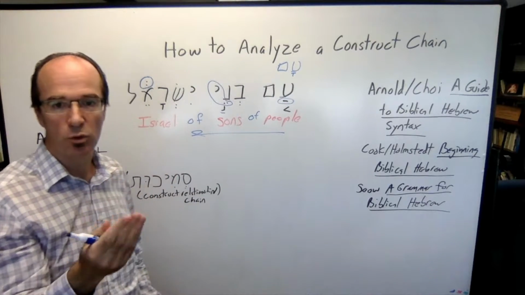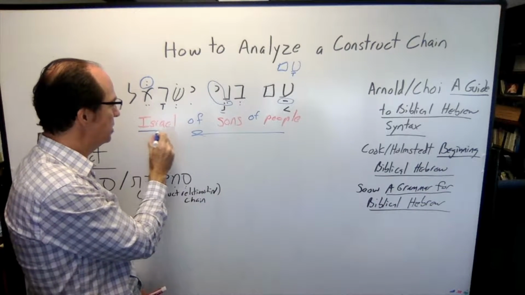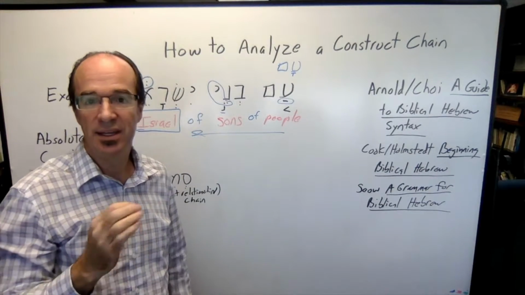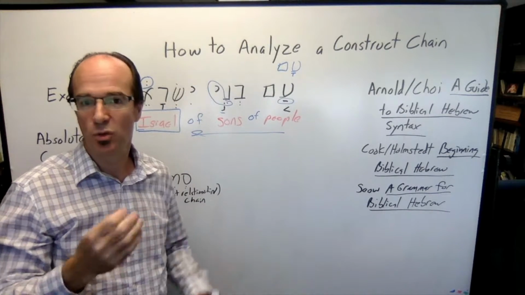That's a literal translation, and we want to touch that up at an additional point because the last word in the construct chain is definite. It's not just talking about any Israel, it's the Israel.